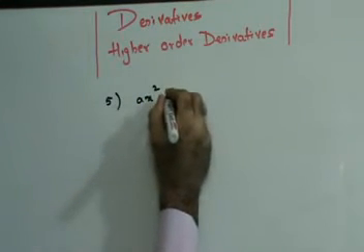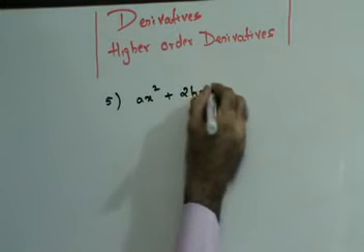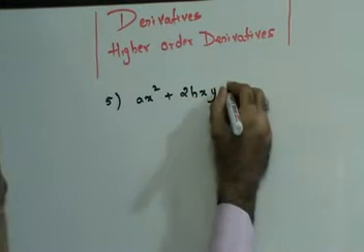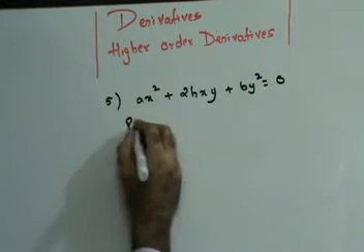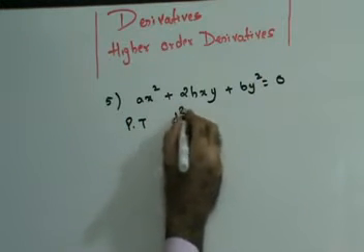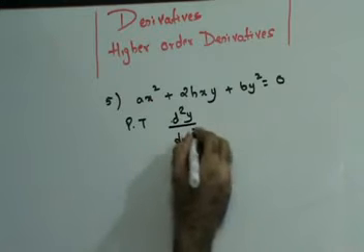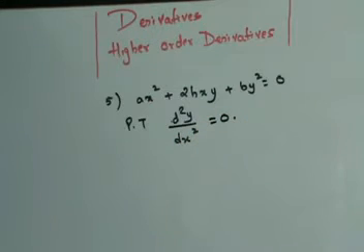ax square plus 2hxy plus by square is 0. You have to prove that d square y by dx square is 0. Right?